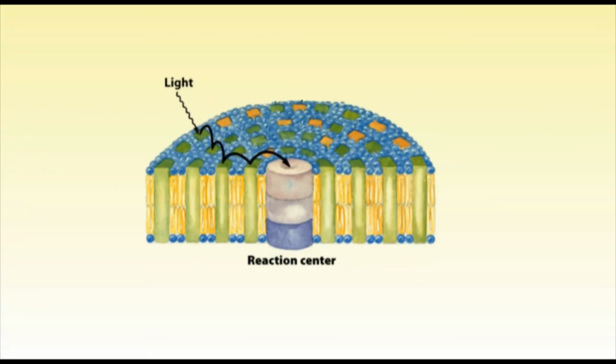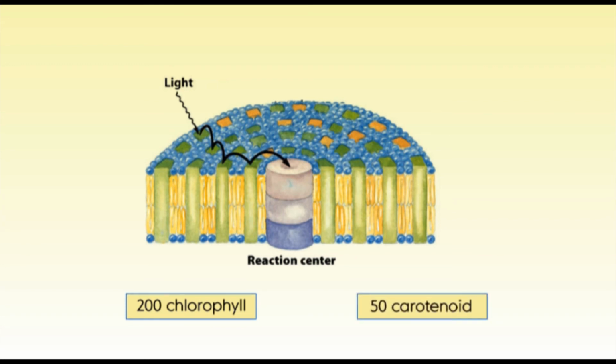Now, let's study the role of photosynthetic pigments in photosynthesis. The light-absorbing pigments of thylakoid or bacterial membranes are arranged in functional arrays called photosystems. In spinach chloroplasts, for example, each photosystem contains about 200 chlorophyll and 50 carotenoid molecules.